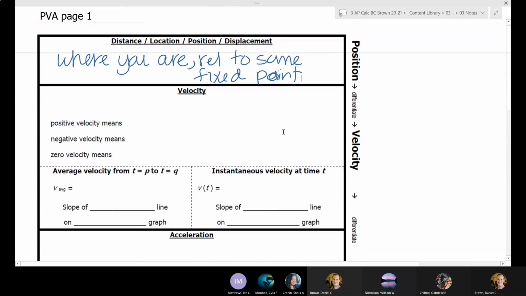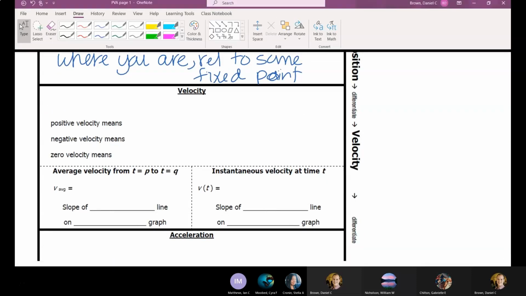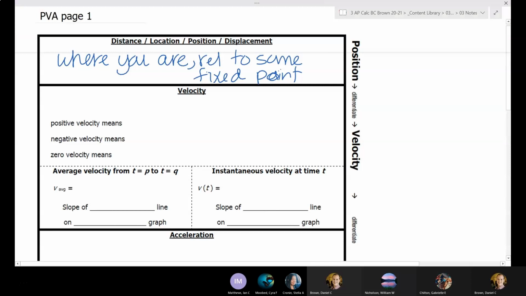So the position function is going to be associated with the original function, so say f of x. Other common notations we're going to be seeing for position, often since we're dealing with time, we'll see y of t, sometimes we'll see x of t if we're measuring it horizontally. S of t is sometimes used. It's not my favorite because s often looks like a 5. But those are all the different things that we see with position.